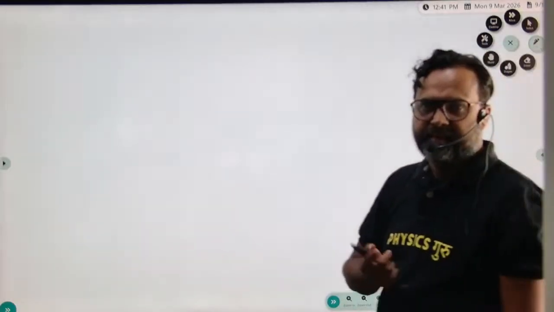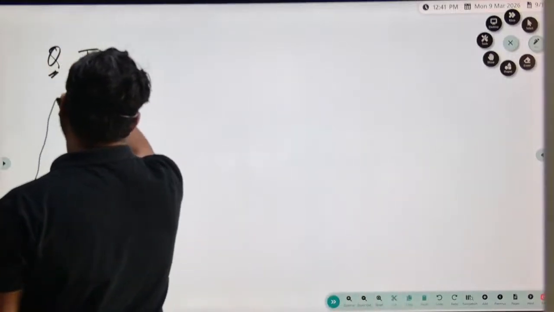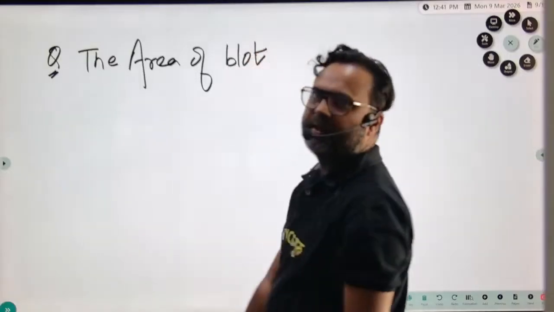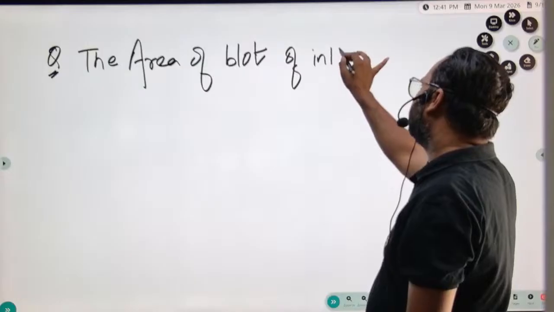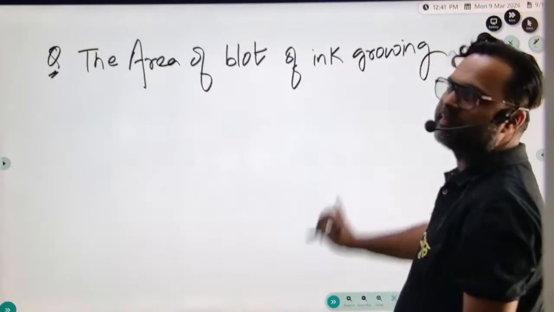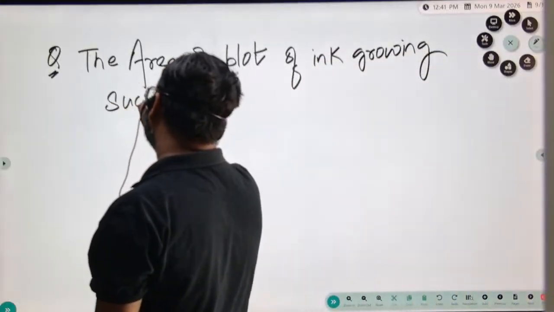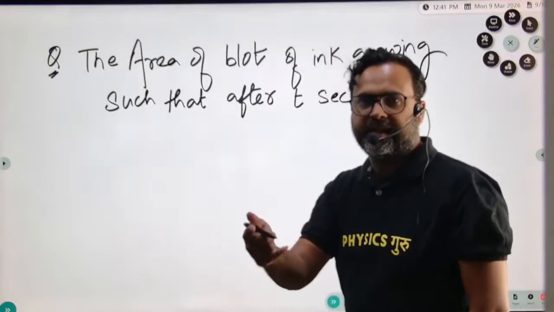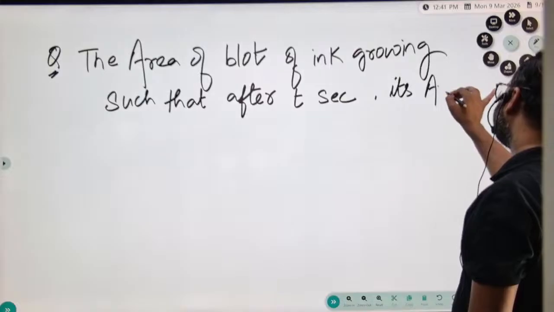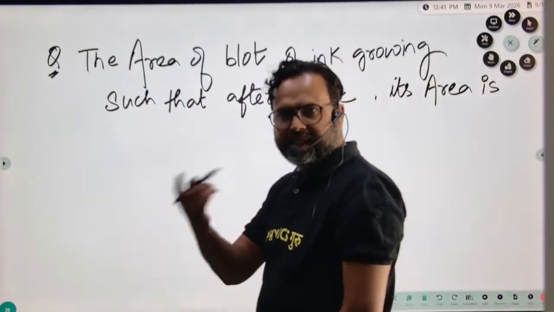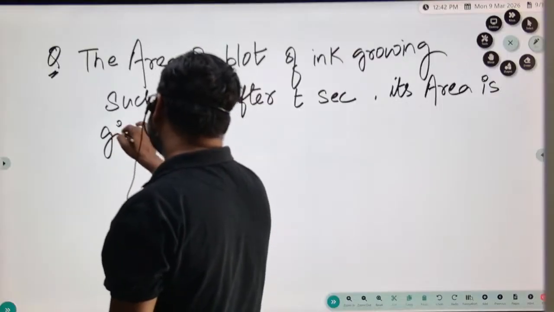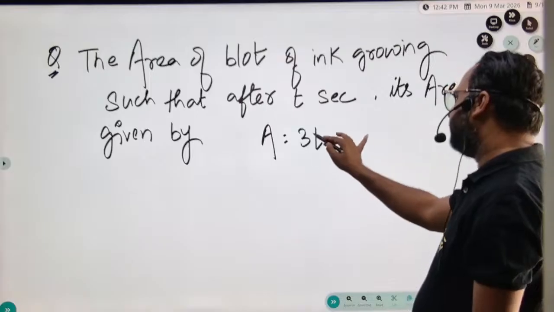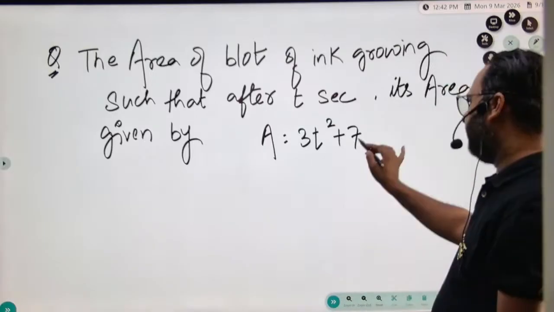Suppose a question is given as: the area of a blot of ink is growing such that after t seconds its area is given by A is equal to 3t square plus 7 centimeter square.